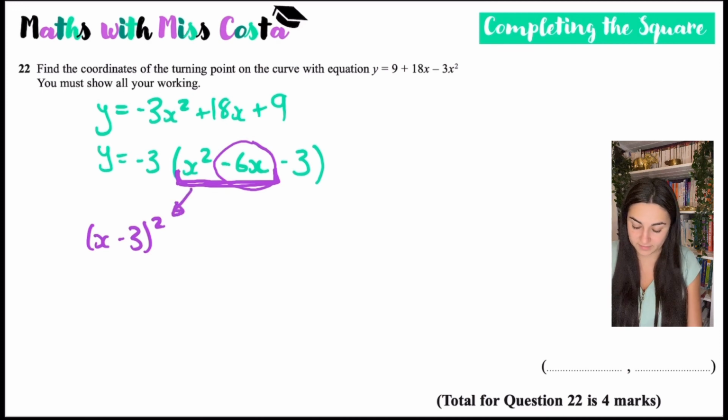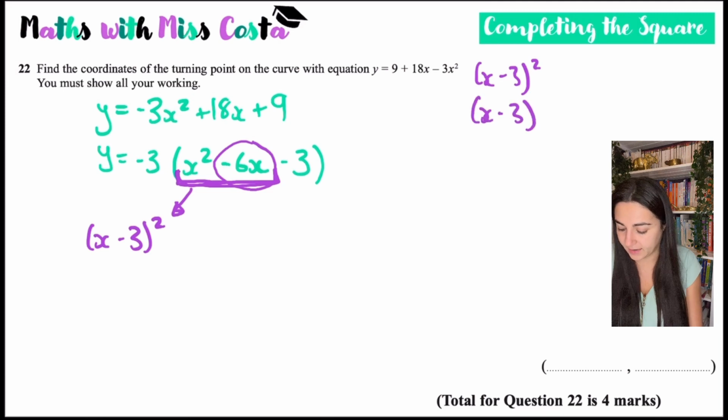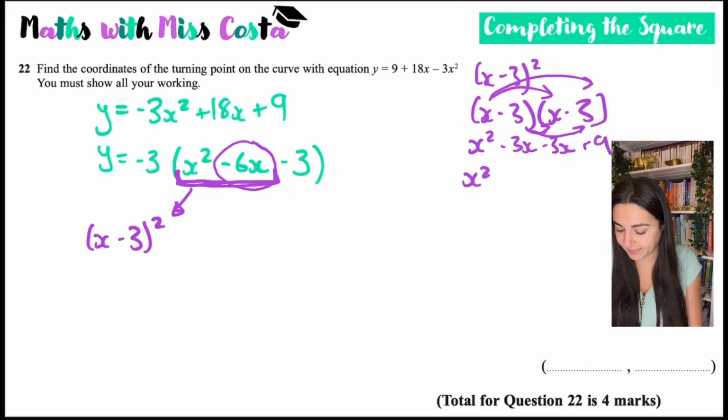I'll put the negative 3 back into play in a second. So just to show you why we do this, x take 3 squared, what does that mean? Well, it means x take 3, x take 3. If I expanded that, I'd get x squared, x times x, then negative 3x, negative 3x, and plus 9. So that would give me x squared take 6x plus 9.